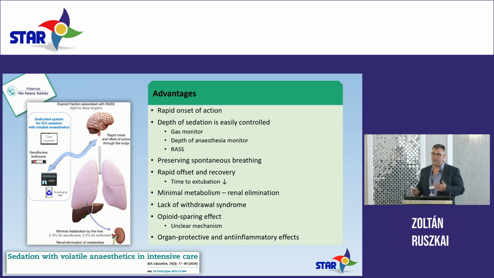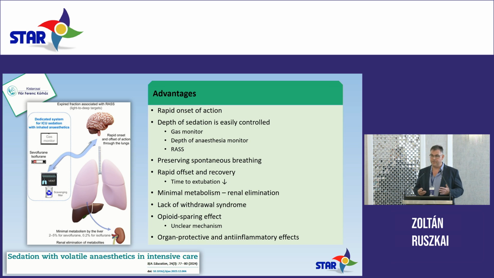There are many advantages of volatile anesthetics: the rapid onset of action, we can easily control the depth of anesthesia, and we can monitor it with physical signs or with some monitors. We can preserve spontaneous breathing during mechanical ventilation. The rapid offset and recovery is well known. The minimal metabolism is a good thing.